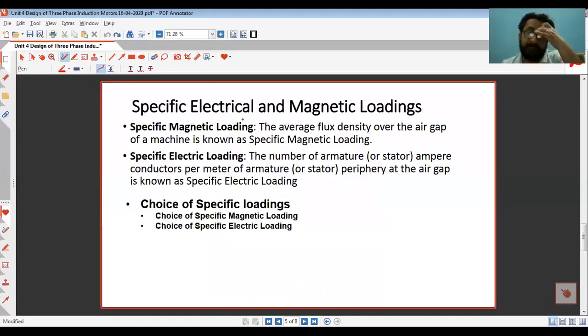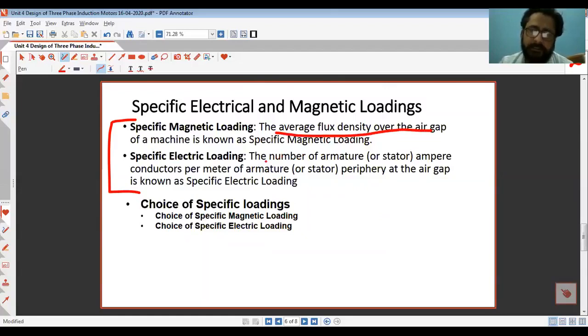Then we have specific electrical and magnetic loadings. The definition of specific electrical and magnetic loading is the same as what we studied in DC. Specific magnetic loading is the average flux density over the air gap of a machine, that is, the distribution of flux over the periphery of the rotor within the air gap.